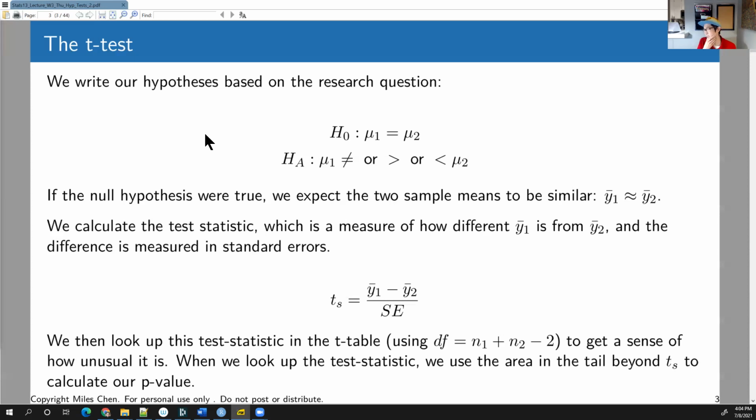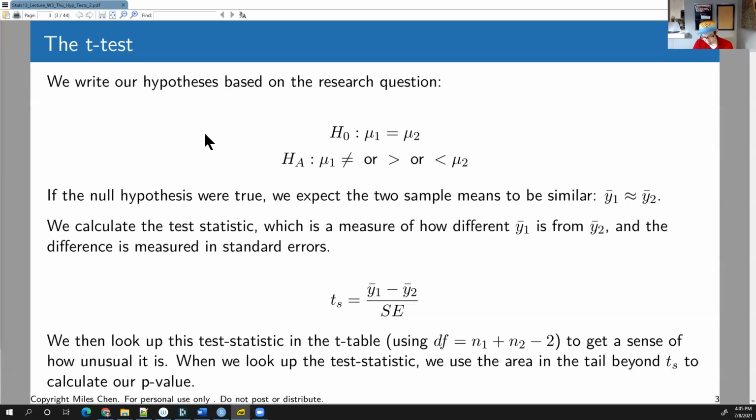So we left off on Tuesday and we talked about the t-test in a fair amount of detail. Just to recap and summarize what we established regarding the t-test: we start off by writing our hypotheses. The hypotheses are concepts or ideas that we test against the data that we've observed.